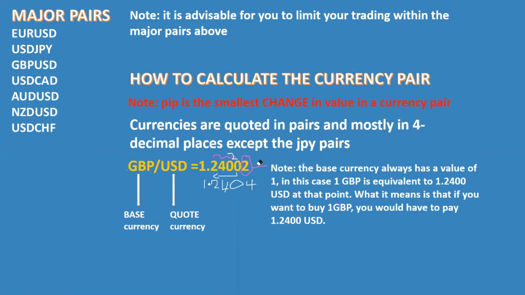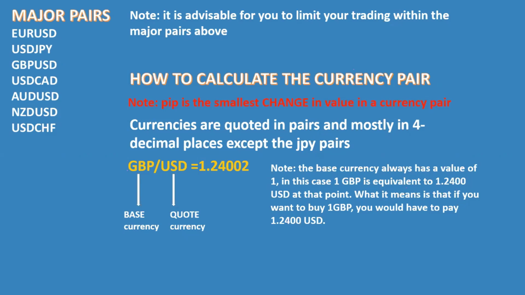Take note of these things, and these are things that will help you so much as a beginner. Note, the base currency always has a value of 1. In this case, 1 Great Britain pound is equivalent to 1.2400 USD at that point. So the base currency always has a unit value of 1.